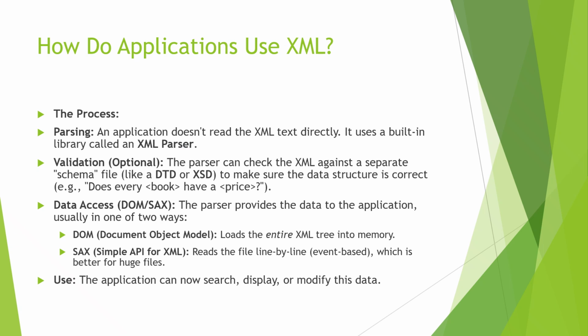It can easily say, hey DOM, please get the root element. Okay, now get all of its children. Okay, for the second element, find its price element and tell me the content. This is how an application reads XML. They don't read the text, they read the tree structure that the parser builds for them.